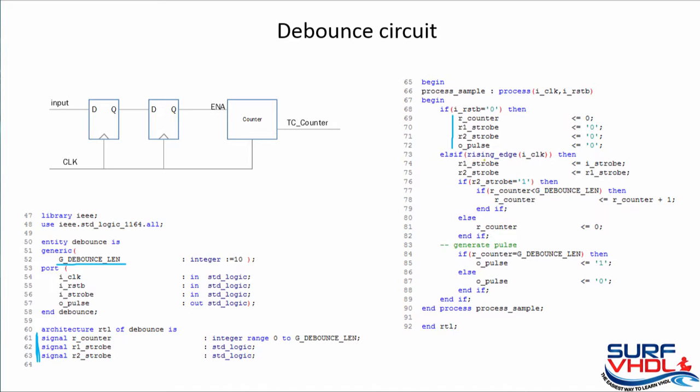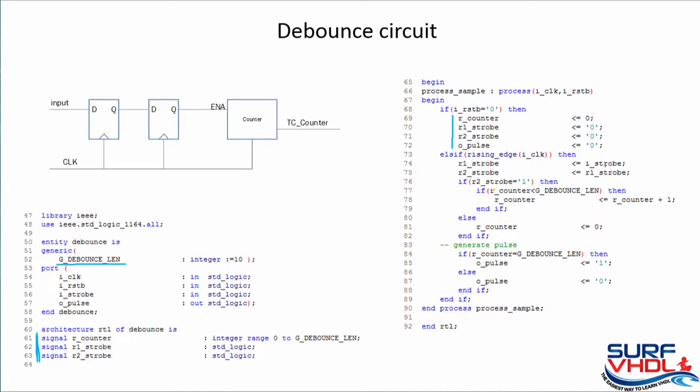On each rising edge of clock, we strobe the input into the two flip-flops. So we strobe the input on the first and the first on the second. Then, when the strobe is high, we start counting, count + 1, until the counter reaches the debounce length.